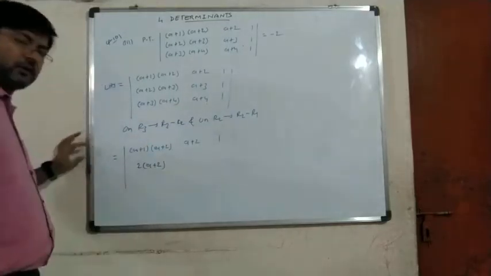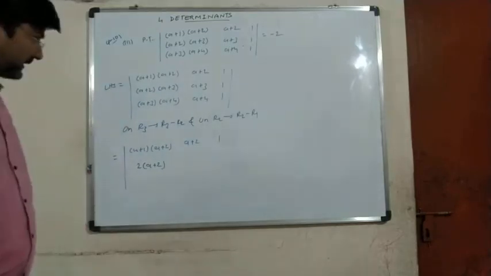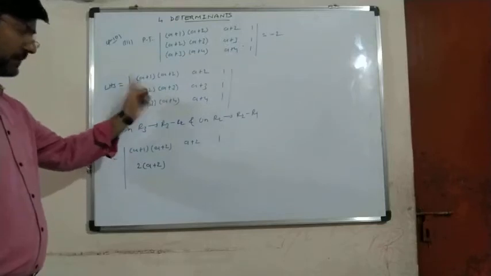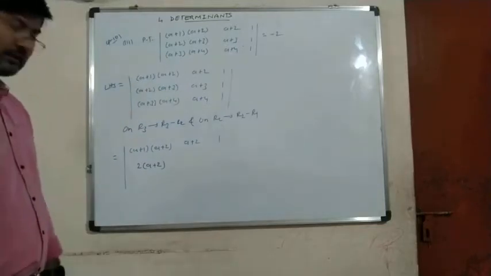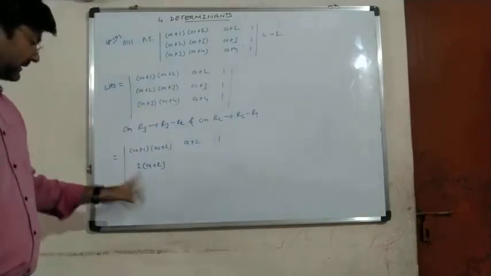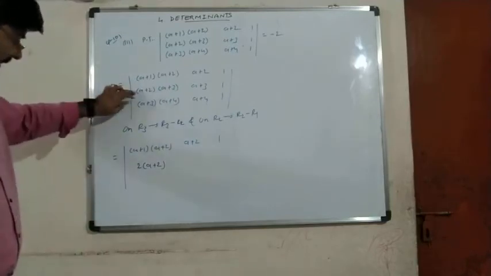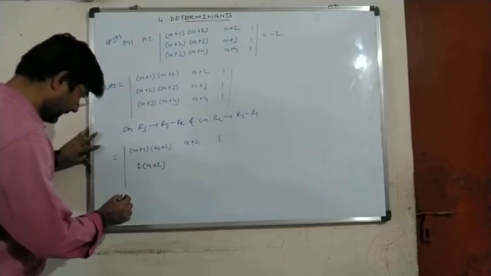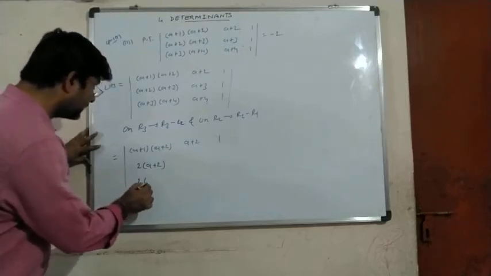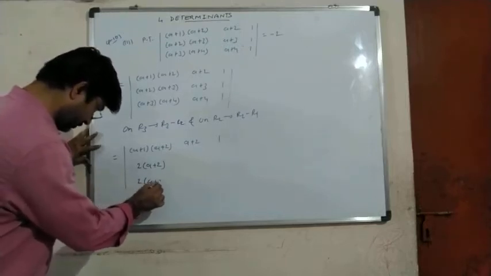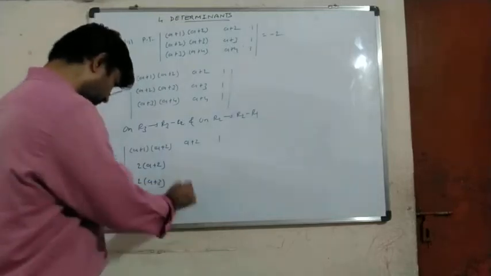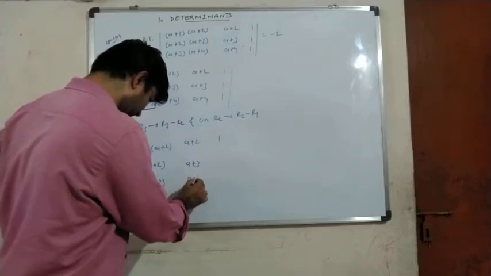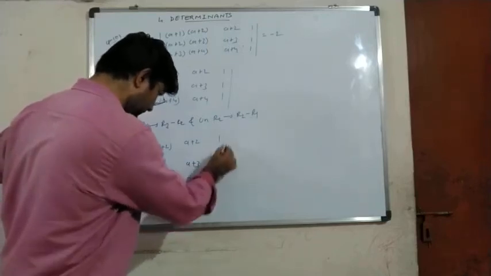If you don't understand, you can do this subtraction in rough, second minus first. A will get cancelled, 3 minus 1 will be 2. Similarly, in the next row we get 2 into a plus 3, and then a plus 3, a plus 4, and over here 0, 0.